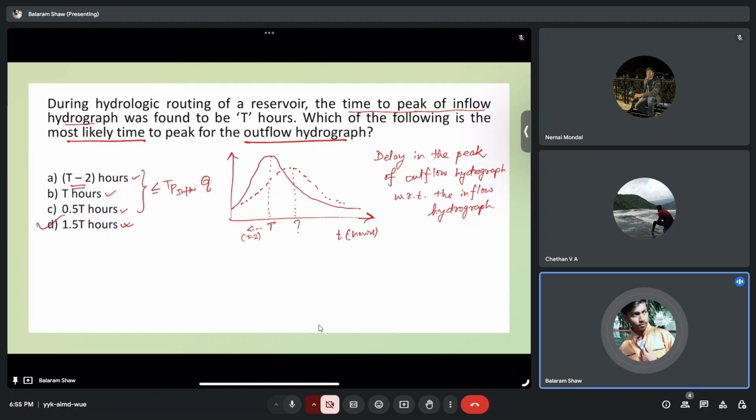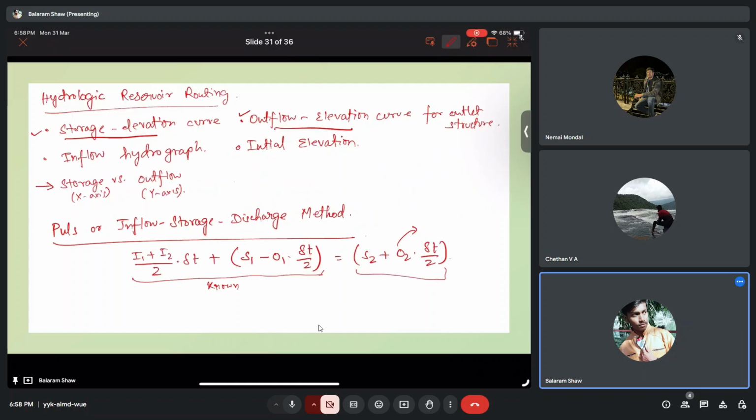Okay, and routing, how do we do? We substitute the known values in the equation, because all these are the known values. We substitute all these values to get this unknown term, that is S2 plus O2 into del T by 2, and then we obtain this O2 from the relationship, that is outflow versus storage, right?